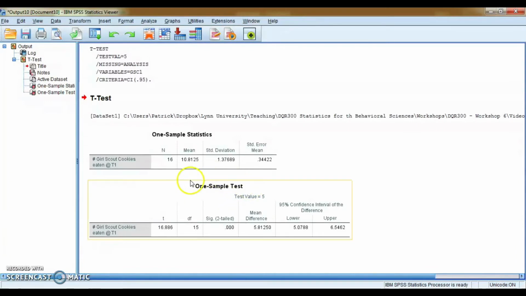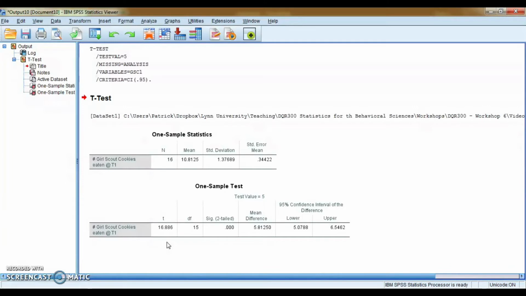Let's look at the one sample test down here. And you should direct your attention to these 3 numbers here. The t-statistic, the degrees of freedom, and the p-value, which, if you remember correctly, SPSS labels as significance. So what we see here is the t-statistic is 16.89, so that's on the t distribution like we talked about in class.